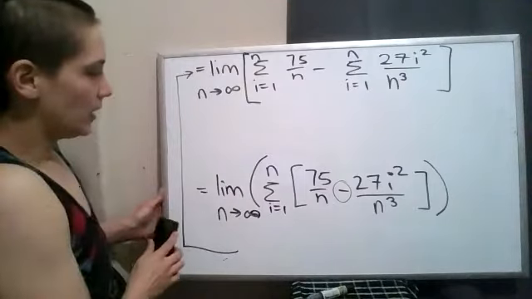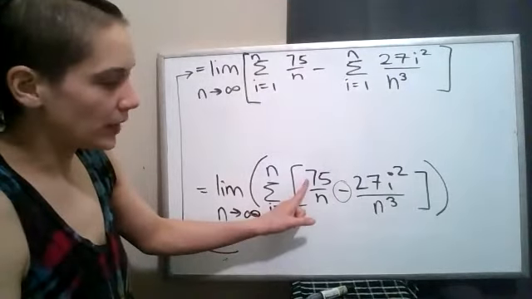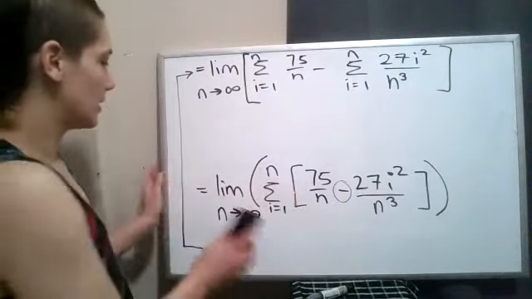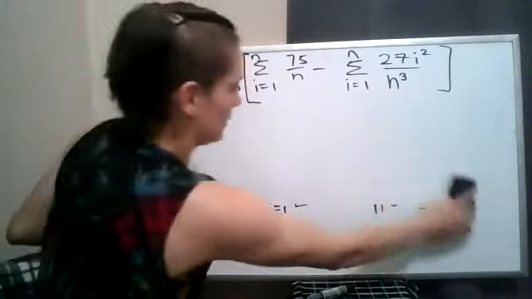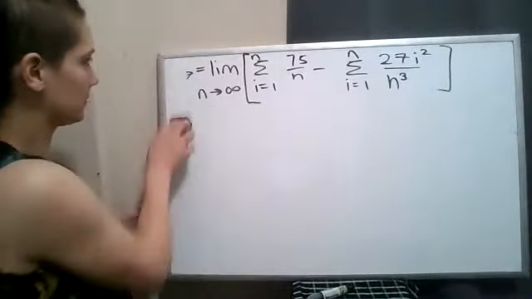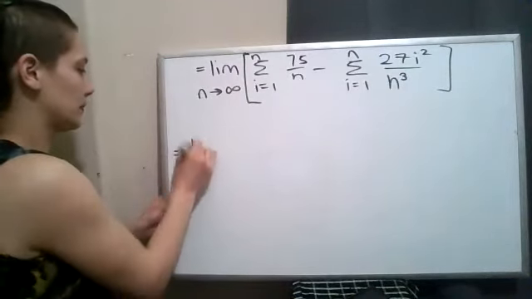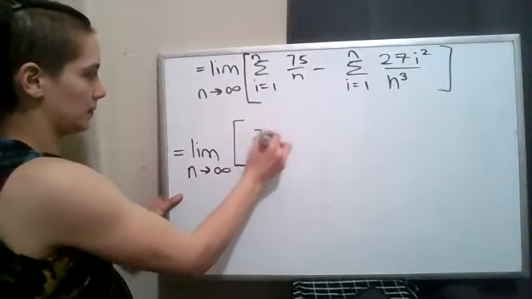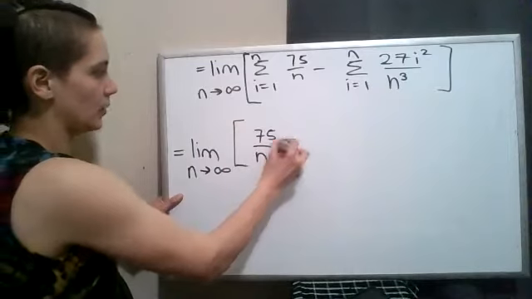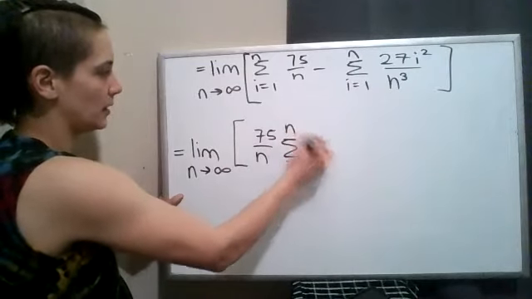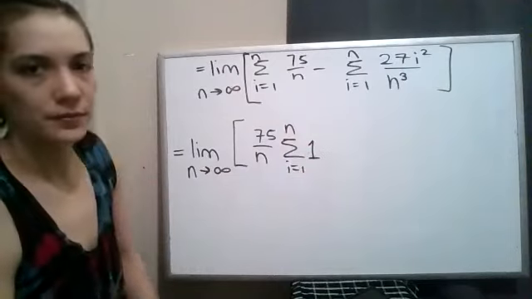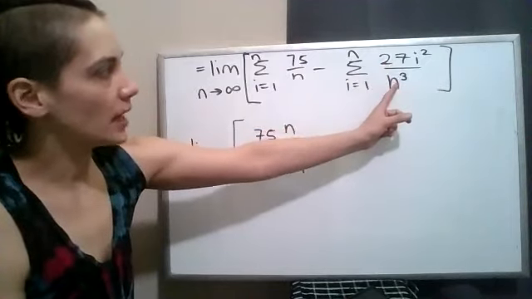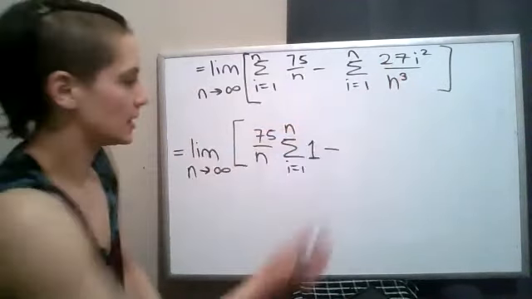Then I'm going to go ahead and bring out 75n, which leaves 1 behind. Then we sum from i equals 1 to n the number 1. Minus. We can take out 27 over n cubed, and i squared stays inside the sum.